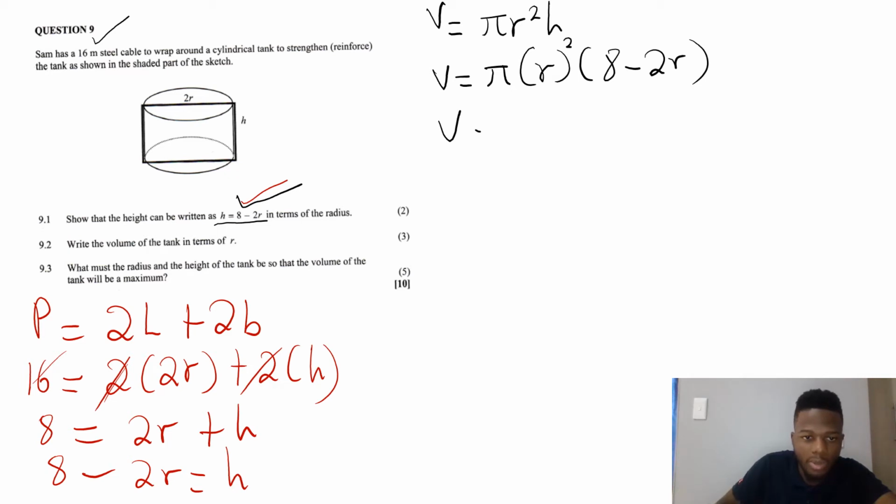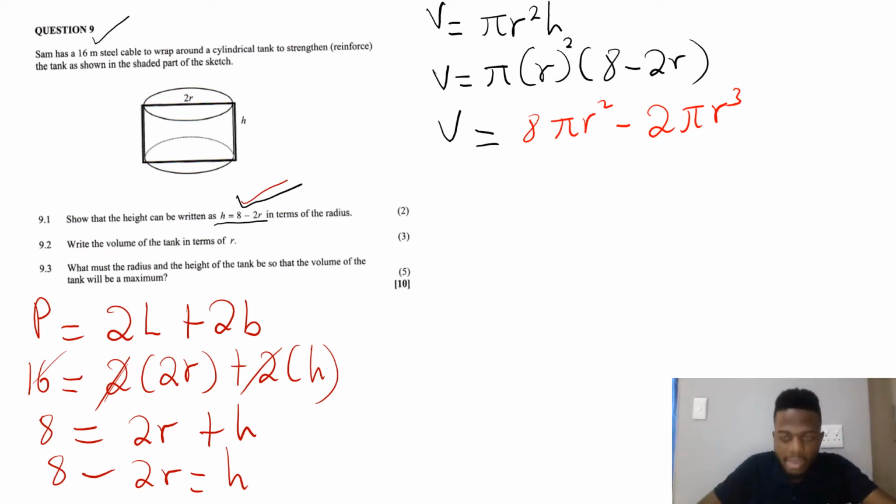Then we're going to have our volume as pi r squared times 8 minus 2r. We can leave it as is, or let's simplify this. Because this is pi r squared, we're going to have 8 pi r squared minus 2 pi r to the power 3, because r squared and r is going to give us r cubed.